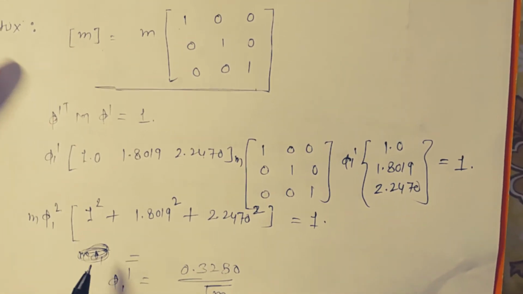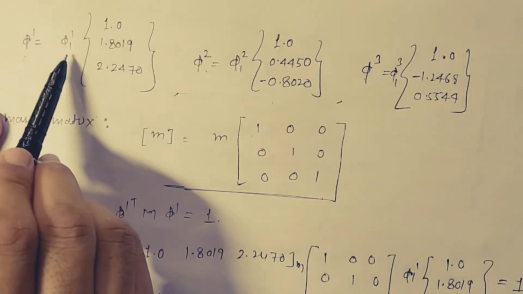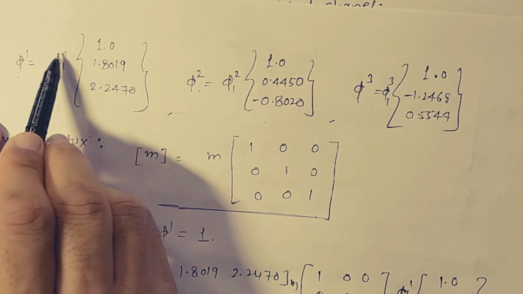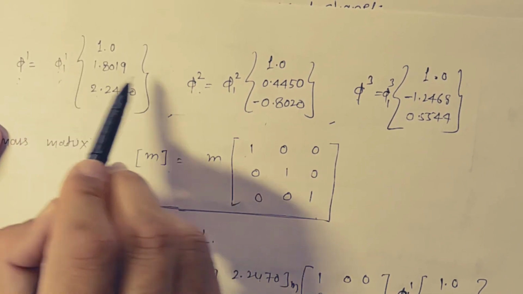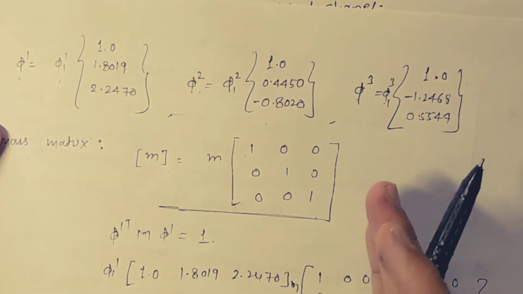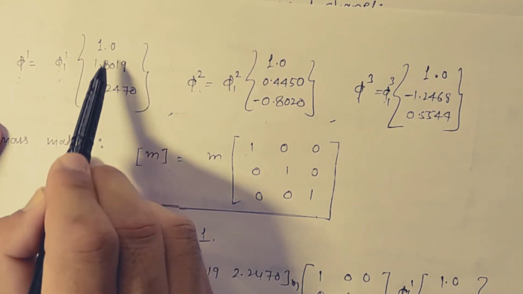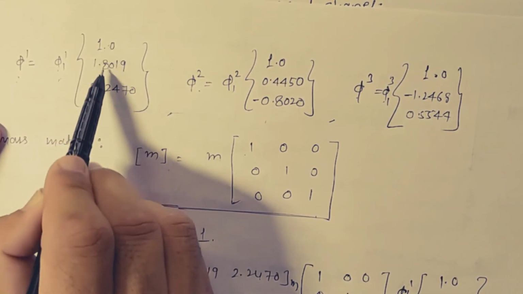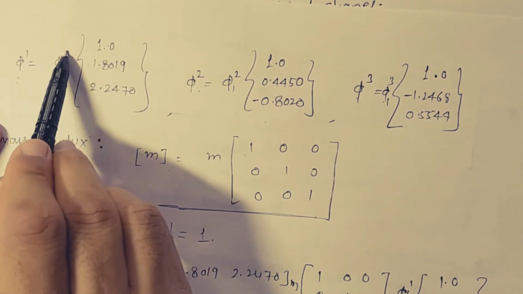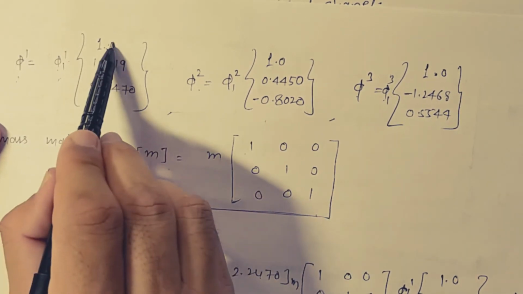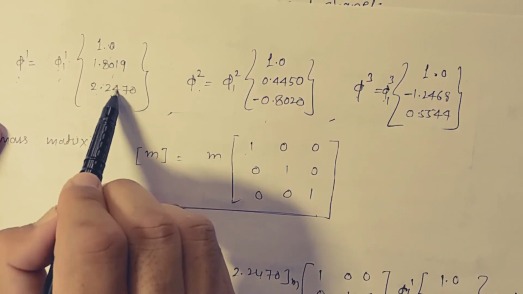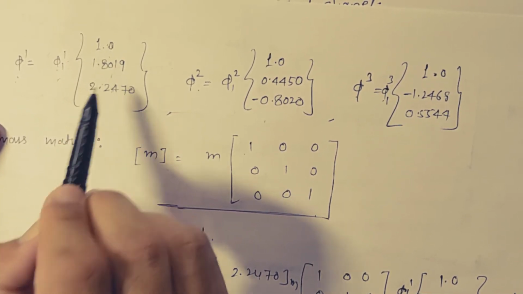So if we put this value at this place, earlier we were just considering this phi 1 1, phi 1 2, phi 1 3 as unit, and these values are relative values. These are not absolute values. If we consider phi 1 1 equals to 1, then these will give the relative position of all three masses with respect to each other.